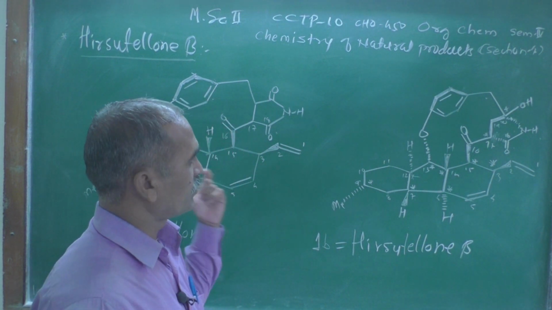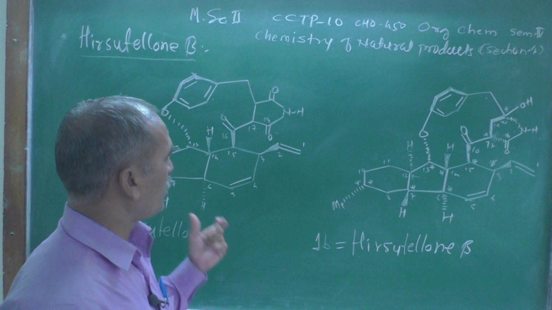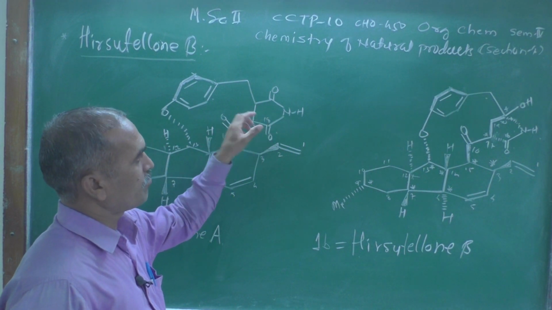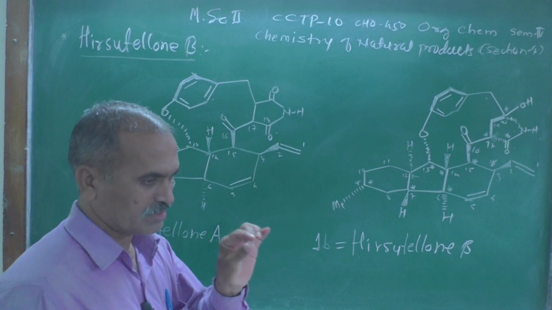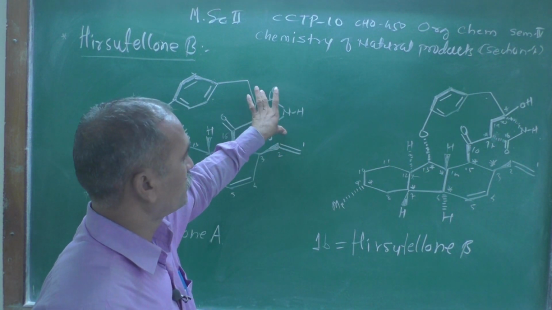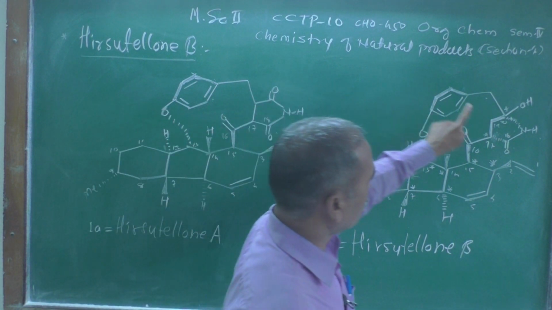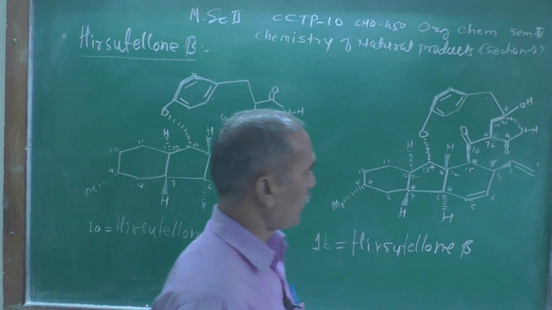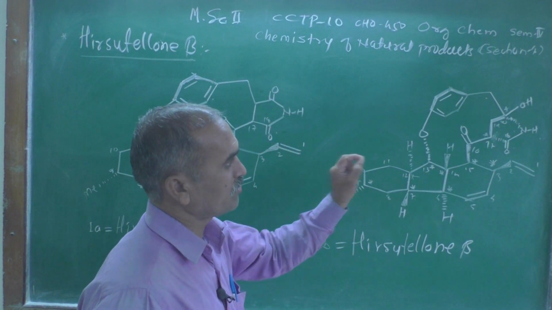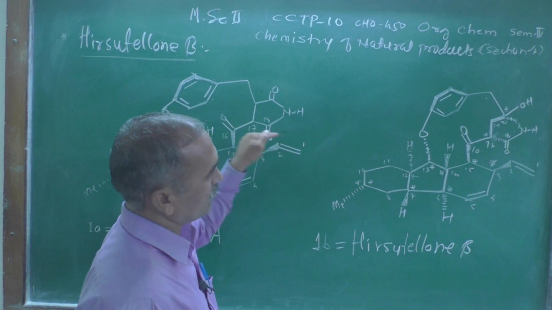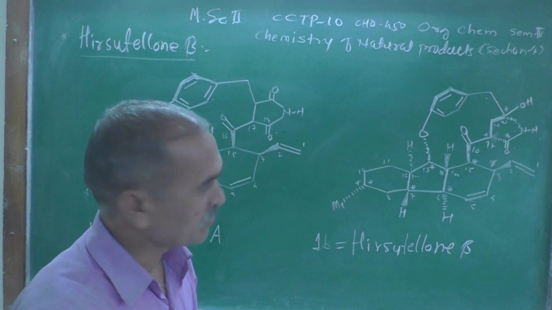If you observe these two structures very closely, you will see a succinamide type of moiety is present over here, but here a lactam type of moiety is present. Here is a succinamide, there is a lactam.